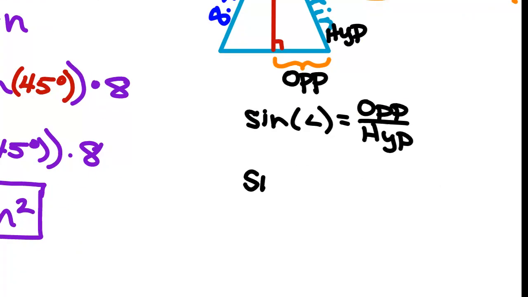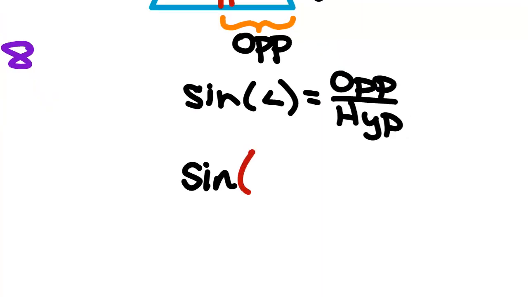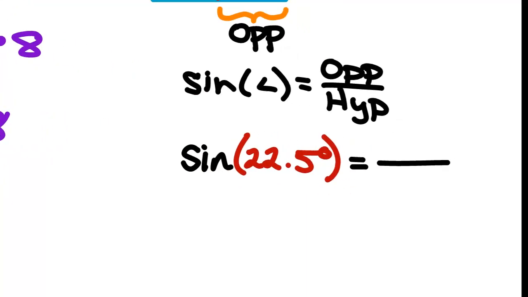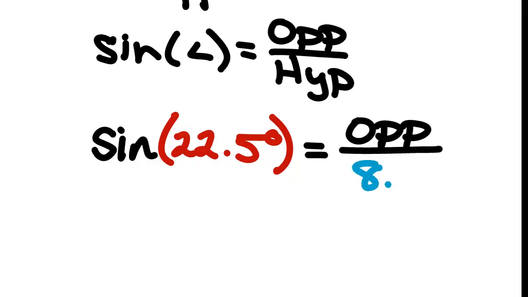So that would be sine of what? 22.5 equals, what do we put in for opposite? Just opposite, absolutely correct. That's the thing we're looking for. So that's my variable, that's my unknown. Over, what's the hypotenuse? 8.4.